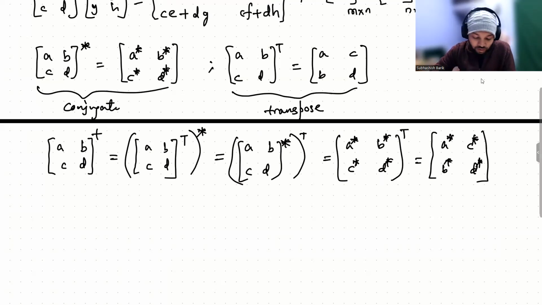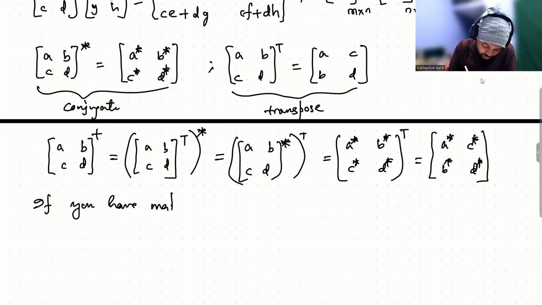Okay. The next important concept would be to look at eigenvalues and eigenvectors, right? If you have a matrix A, so matrices are often designated with capital letters, then to find eigenvalues, we usually solve this.